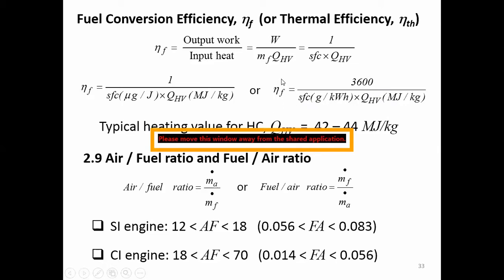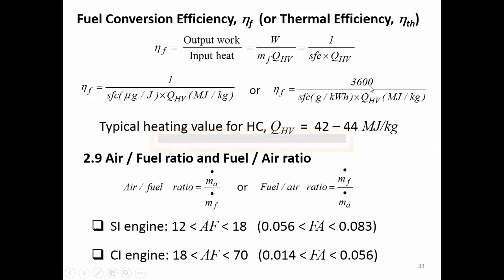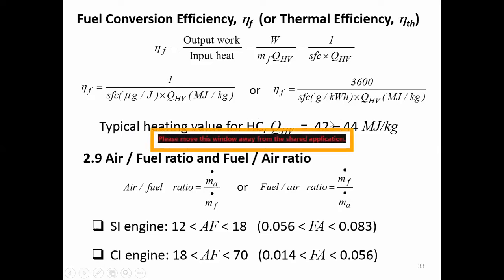Otherwise, you probably come up with a very large or too small amount of SFC if you do not multiply by 3,600. The typical heating value for the hydrocarbon fuel that we use is about 42 to 44 megajoule per kilogram.